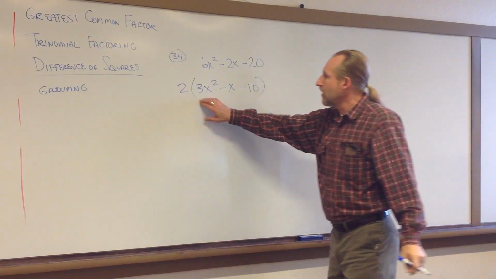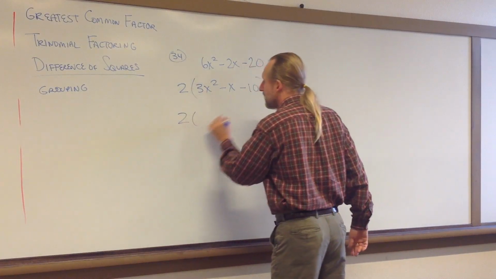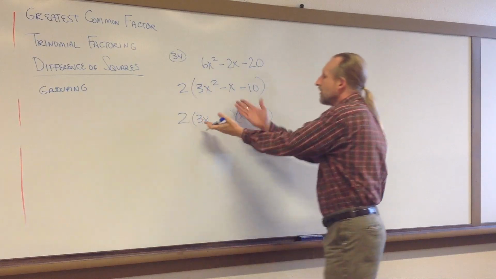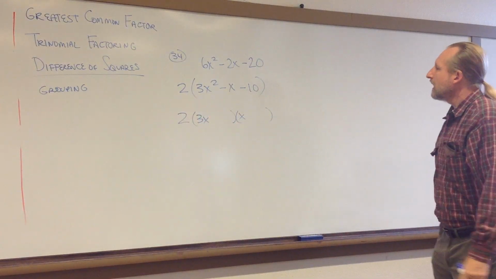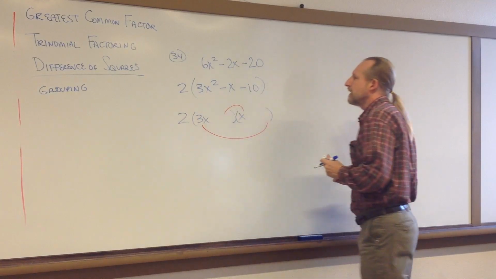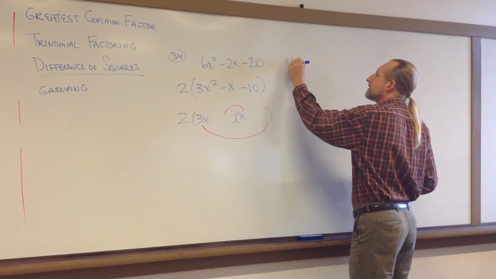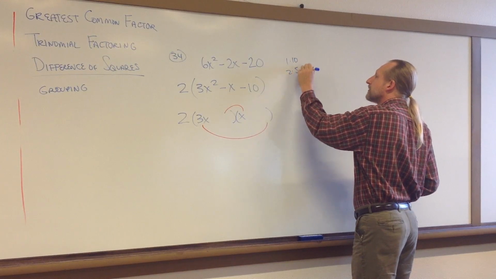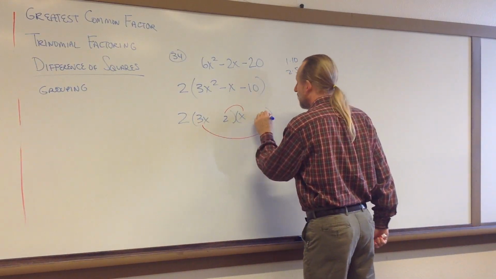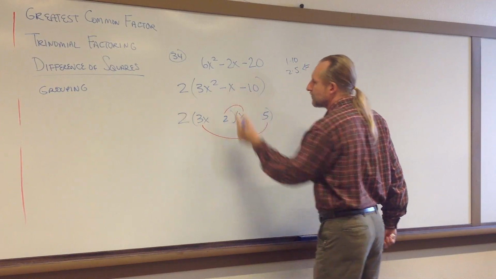And this is trinomial, so we should try the trinomial factoring. The 3 is prime. It can only be 3 times 1. And now the trick is we want to fit those factors of 10 in there. Right? 1 times 10 or 2 times 5. I'll start with these two. And I'll put the 2 here and the 5 here. We want a difference of 1.